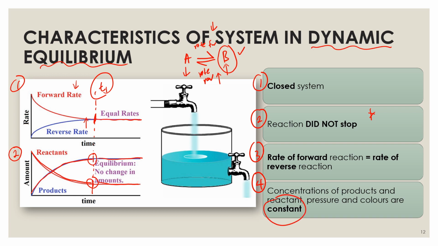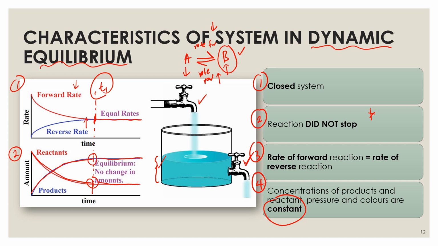So, to understand what we have discussed just now, you boleh imagine kita ada satu bekas yang mengandungi air dan kita buka pili di atas dan juga pili di bawah. In this case, we can see that the level of the water in this container tidak akan berubah. Okay, walaupun kita buka pili di atas, which means kita masukkan air ke dalam bekas, but at the same time kita akan buka juga pili di bawah.